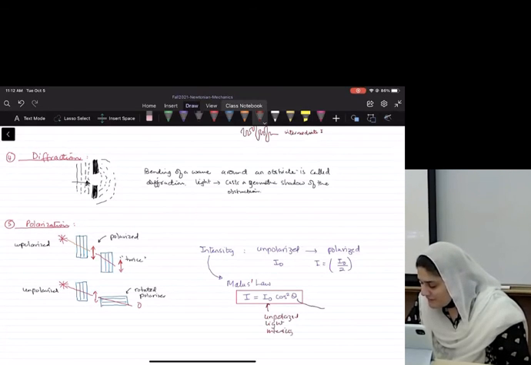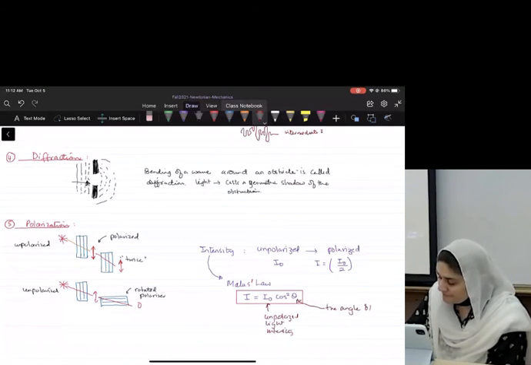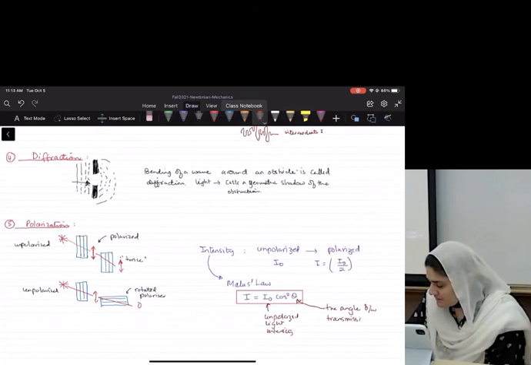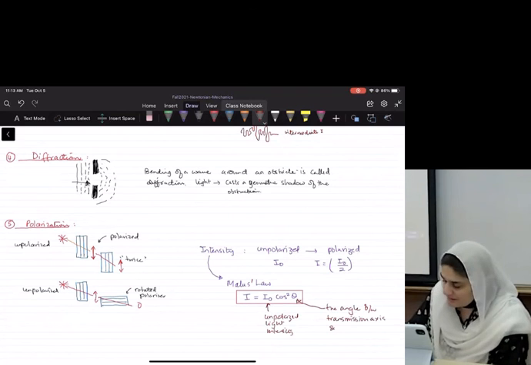And theta is what? The angle between the transmission axis and the initial polarization.